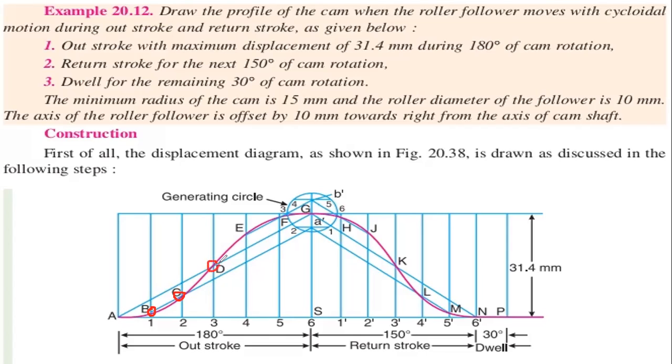This is the third point, and next are the fourth and fifth points. So from A to G, you have to join all these points by a freehand curve.